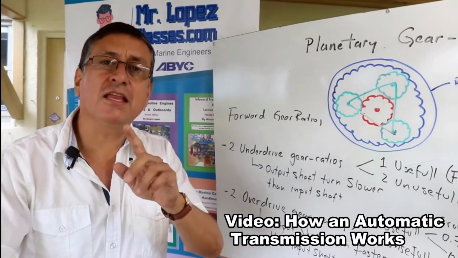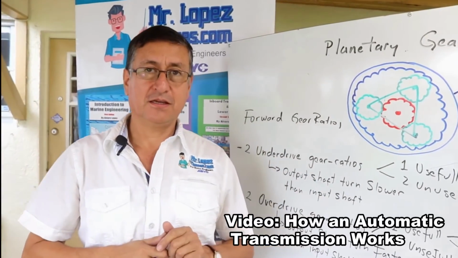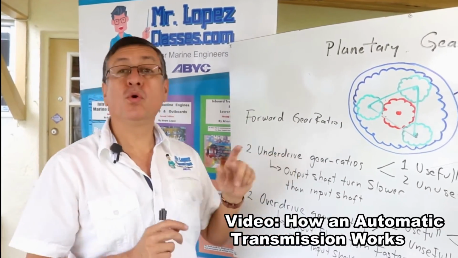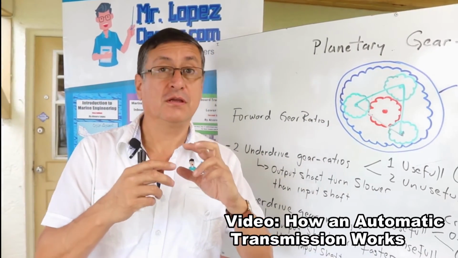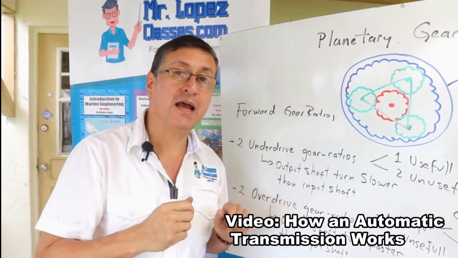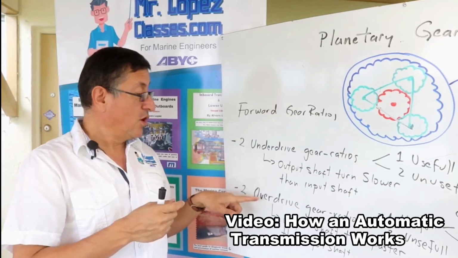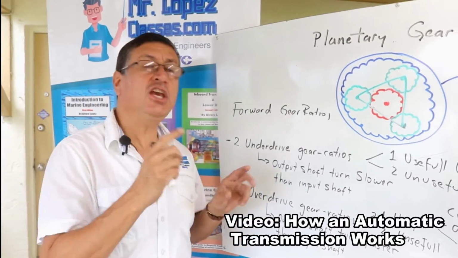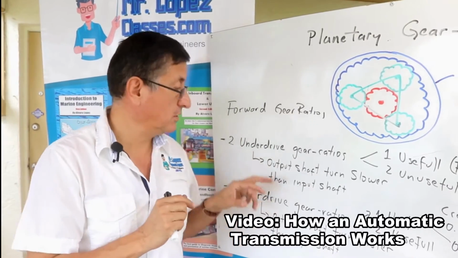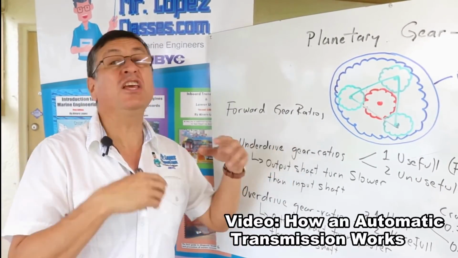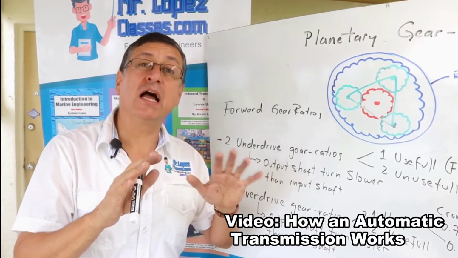Each set of planetary gears produces 2 gear ratios underdrive in forward and 2 gear ratios overdrive in forward. Each couple of gear ratios, underdrive or overdrive, one is useful and the other one unuseful.